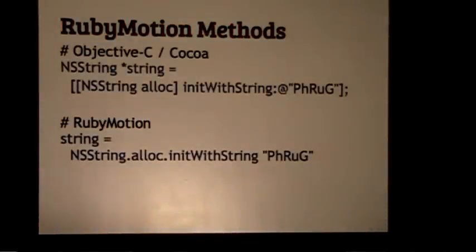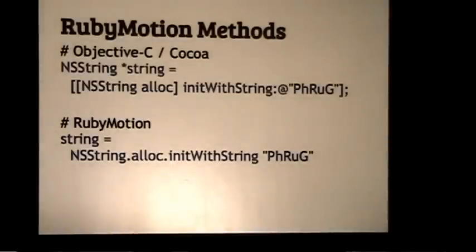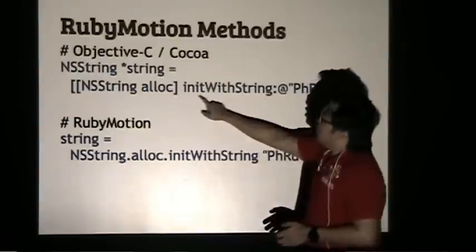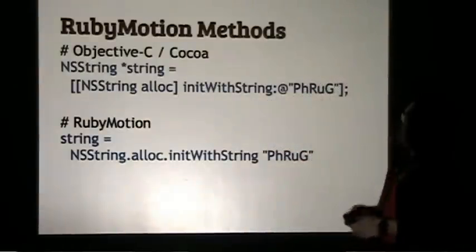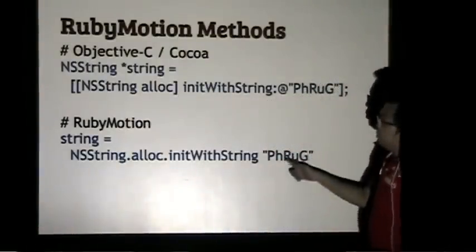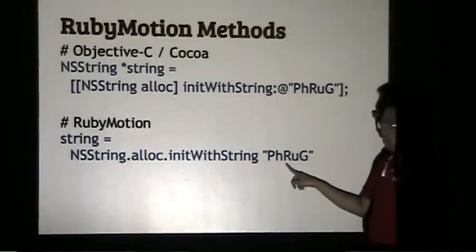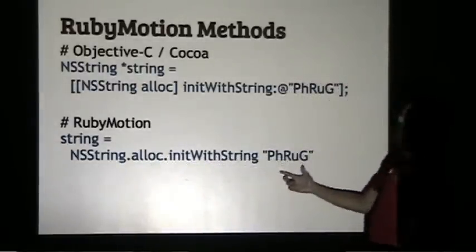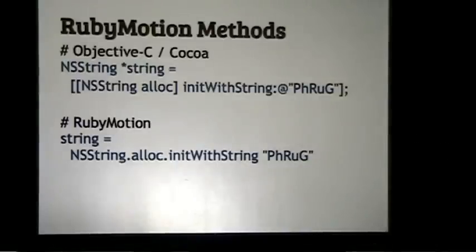Some examples in Objective-C. If you want to create a string, you first declare a string pointer, then you alloc, and then initialize with some initial value. In RubyMotion, you can essentially do the same thing. You just send alloc, and then initWithString, and that's it.